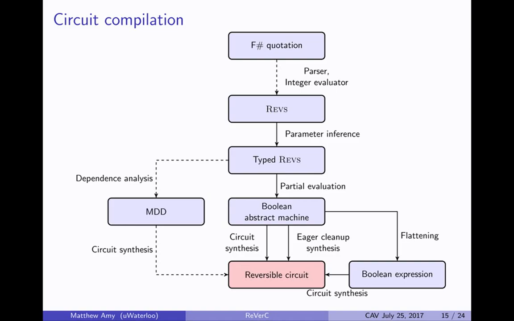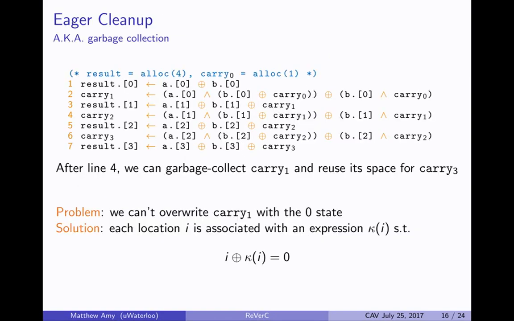Then the Boolean abstract machine gets compiled down to reversible circuits, and it does this a couple of different ways, because there are different benefits to each method of compilation. But I'm only going to talk about one in the interest of time. That's the eager cleanup version. The rest is standard techniques, but this is something new that we added to this compiler.